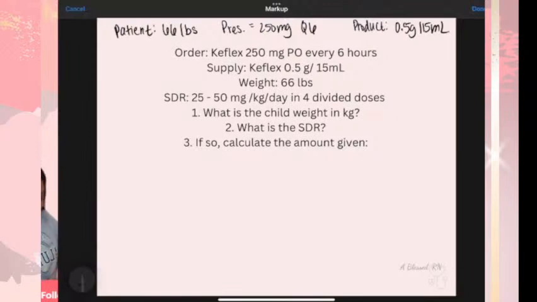Alrighty, and our safe dose range is this in 4 divided doses. So what is the child's weight in kilograms?